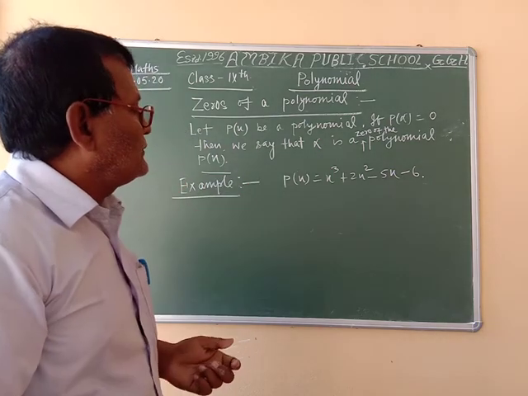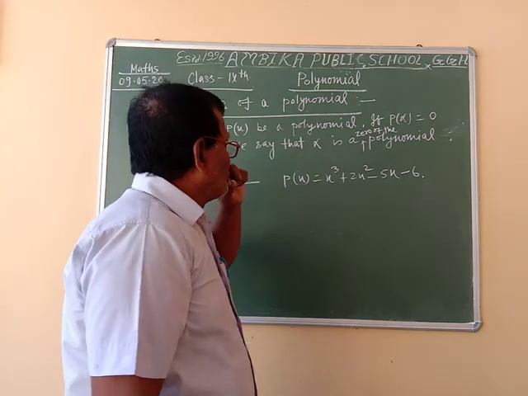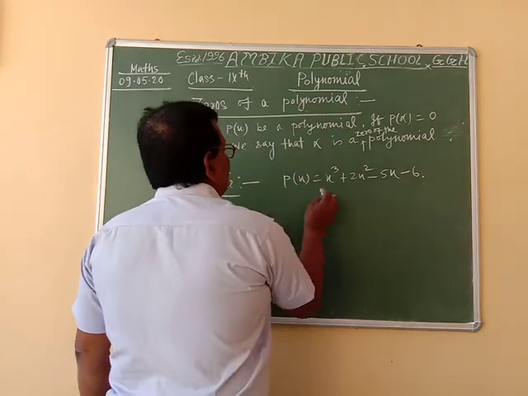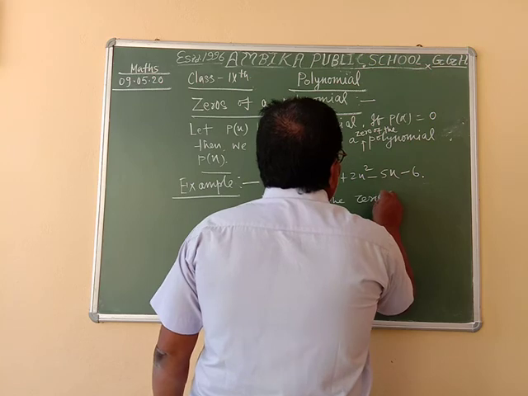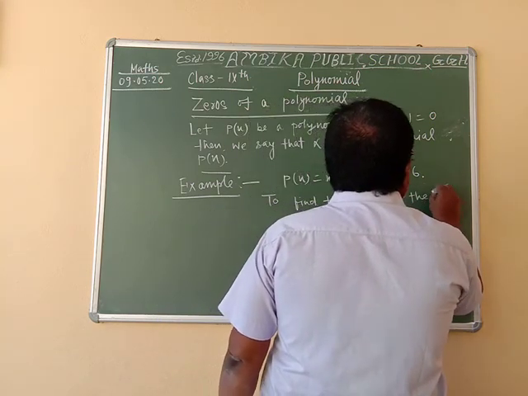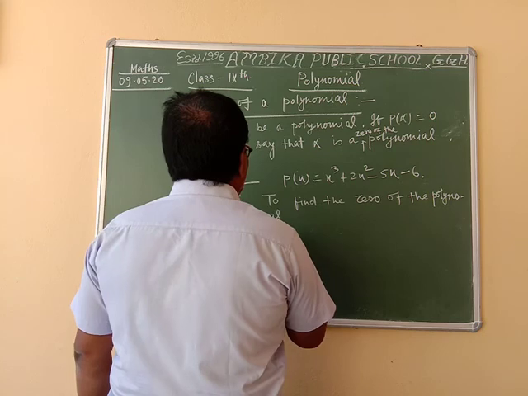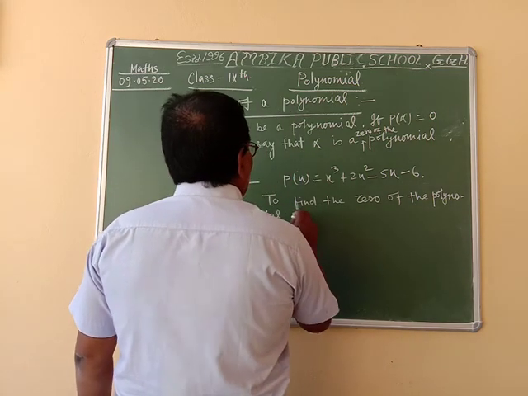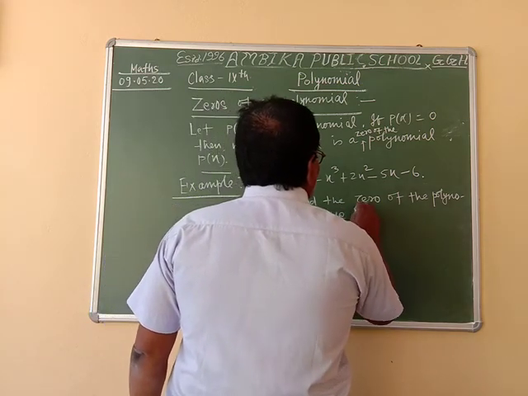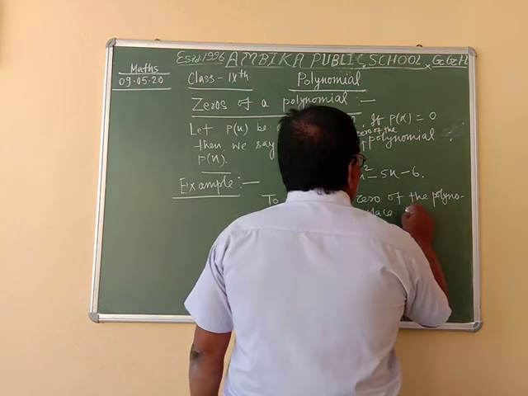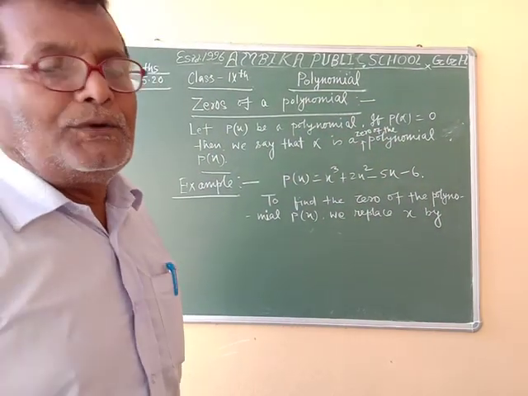To find the zero of the polynomial P(x), we replace x by any number. We replace x by 2.